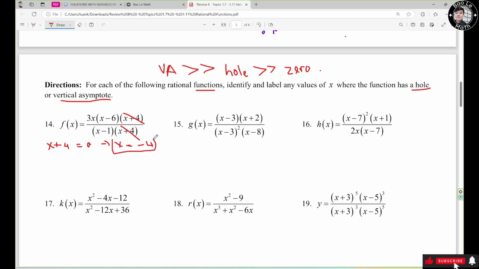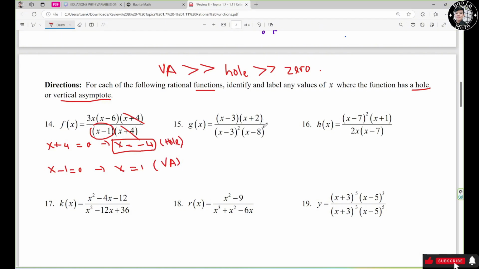This is a hole. Now, the vertical asymptote is anything remaining on the denominator. So you only have s minus 1 left right here. So s minus 1 equals 0, and then s equals 1. This one is the vertical asymptote. This one is the hole. So keep that in mind.